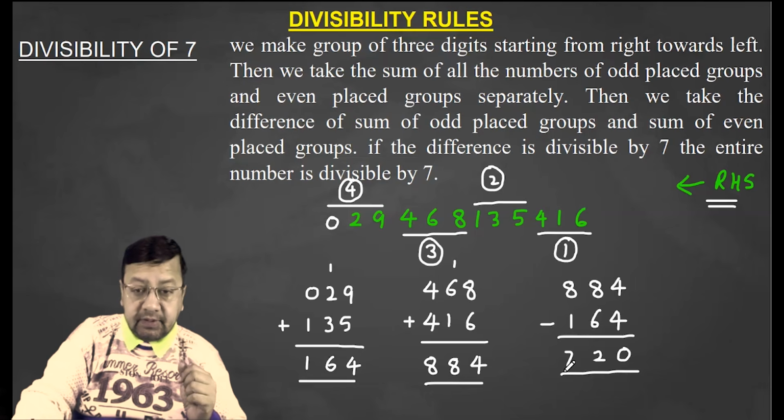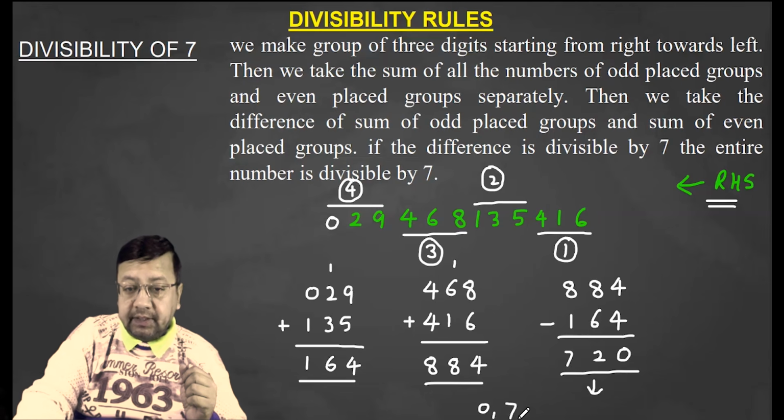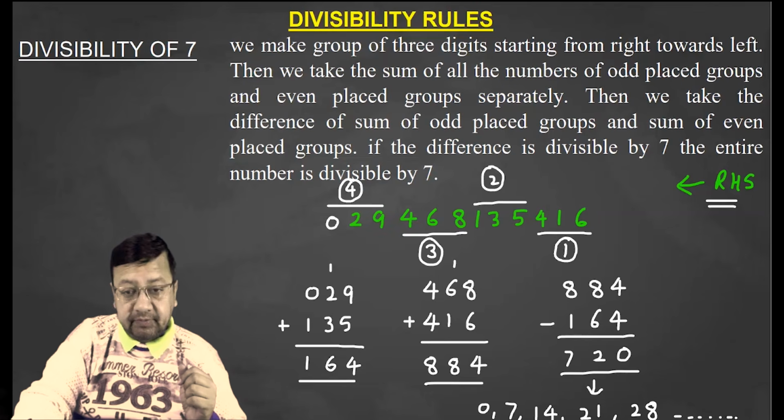Right? Now suppose when you're checking this difference and you're getting some difference which is maybe a 0, a 7, maybe a 14, maybe a 21, maybe a 28, or some number which is a multiple of 7, right?